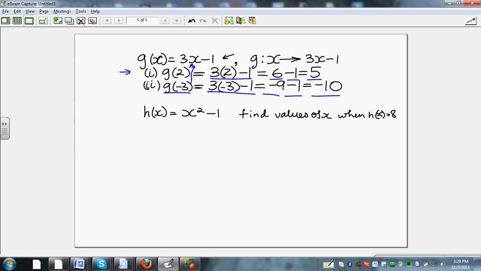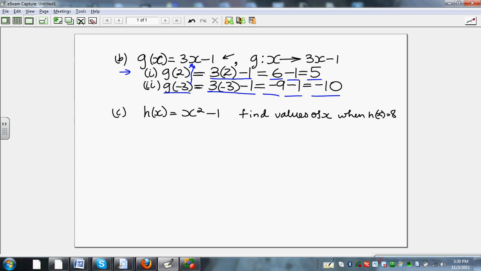So we come down to h of x equal to x squared minus 1. Find the values of x when h of x equals 8. It's a simple one in that all we have to do is find out when x squared minus 1 is equal to 8.